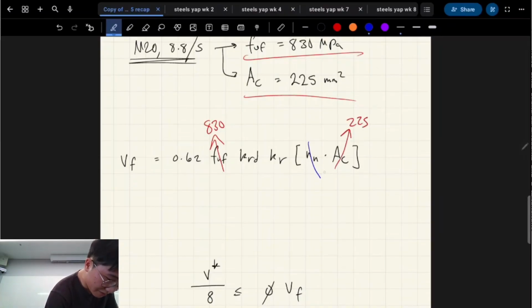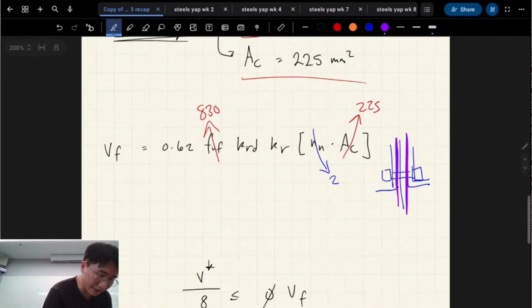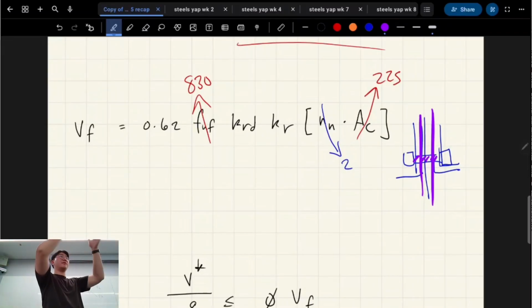Remember how I said there's 2 shear planes, right? So I'm going to draw that out again. We've got the bolt, that's the equal angle, and that's the gusset. We have 2 shear planes, right? And in the question, it says that the shear planes intercept where the threads are on the bolt, right?